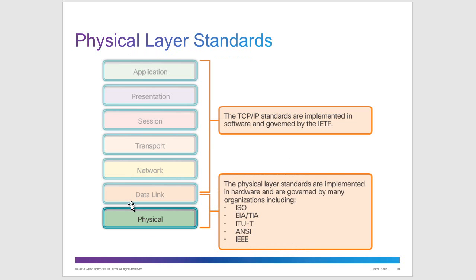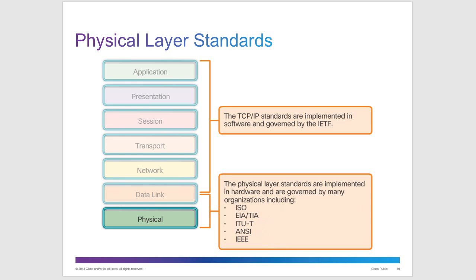Physical layer standards and who governs them. They're implemented by these governing organizations: the ISO, the EIA/TIA, ITU, and IEEE. I'm going to go ahead and let you read about those. I think we had discussed in a previous chapter that IEEE and ISO are probably ones you want to remember.